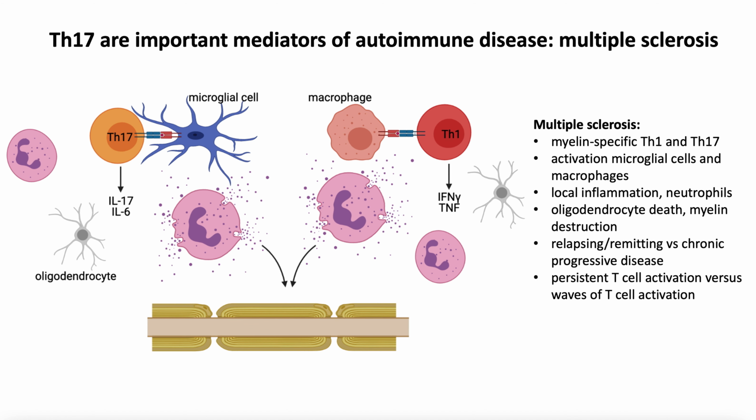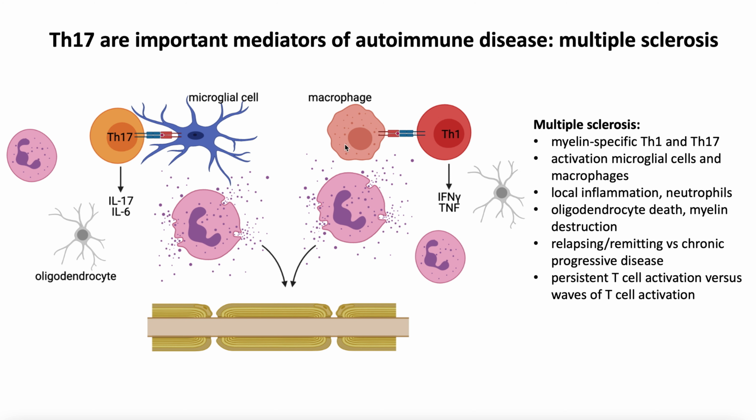Now, besides Th1 and Th2 cells, Th17 cells are also important mediators of autoimmune disease. And I've shown as an example here multiple sclerosis. And so here are Th17 cells that have been induced that are specific for components of the myelin sheath.